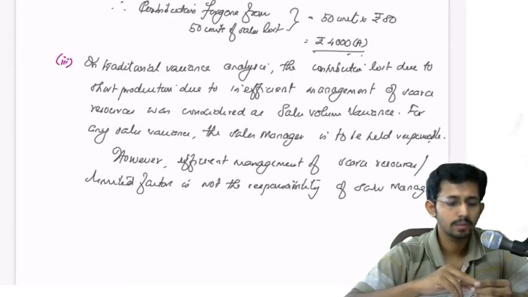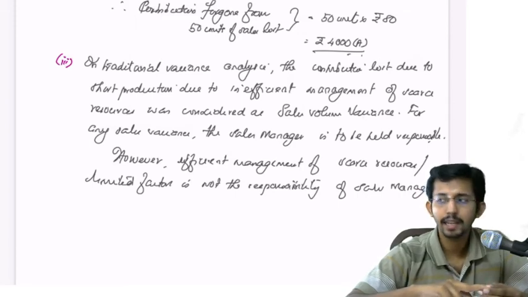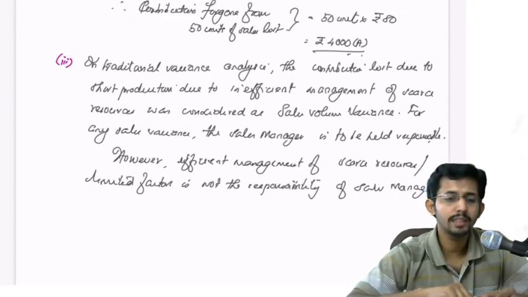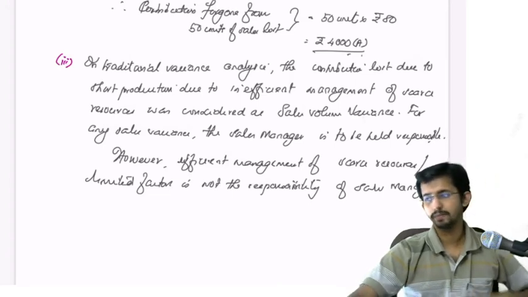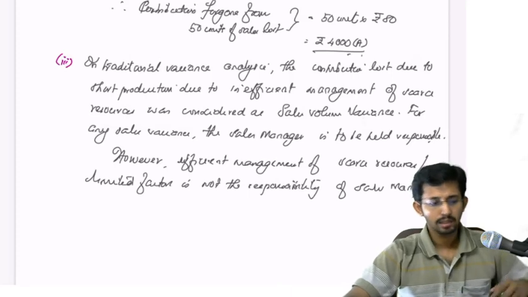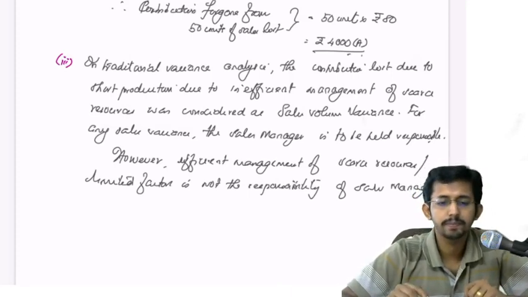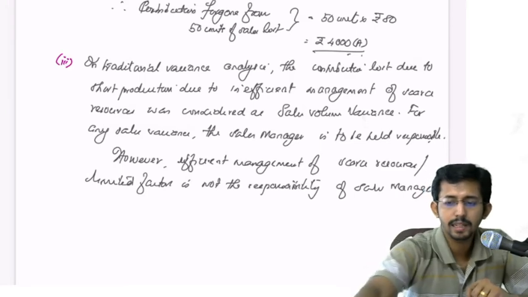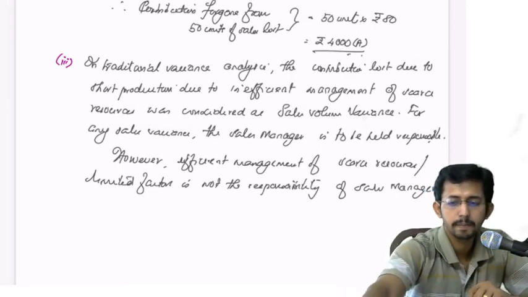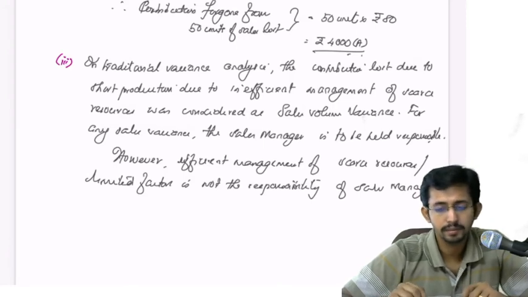The above anomaly is a shortcoming of the conventional variance analysis. Shortcoming of the conventional variance analysis. This anomaly can be corrected.